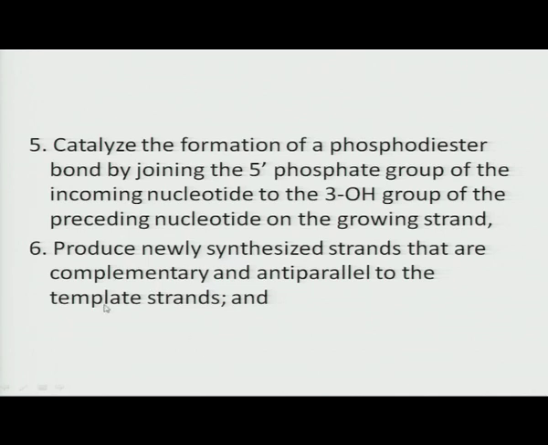DNA polymerase produces a newly synthesized strand that is complementary and antiparallel to the template strand. So, the new strand which will be polymerized will be complementary and antiparallel. If one strand is 5 to 3, the new strand will be 3 to 5.